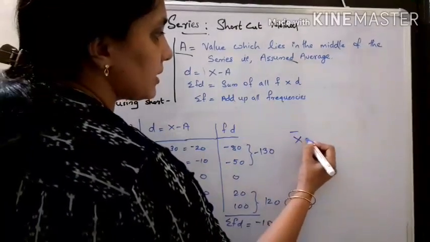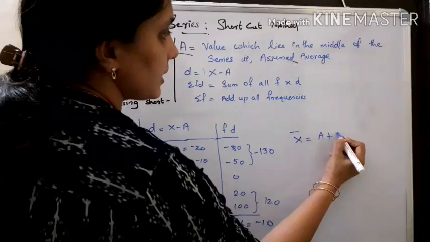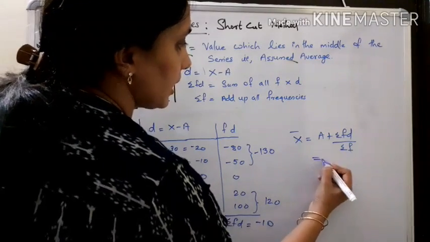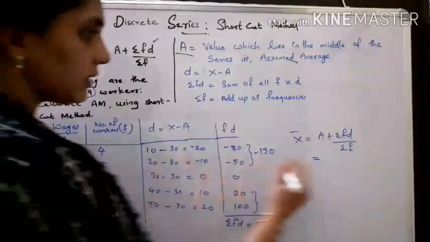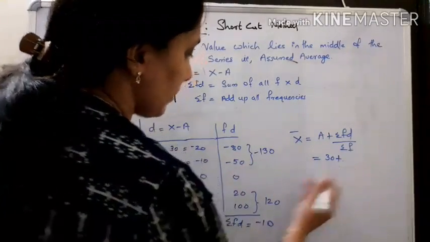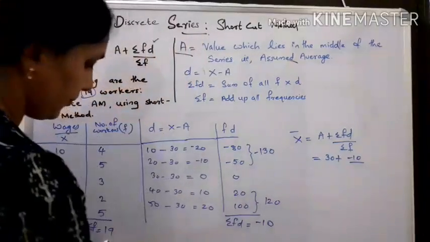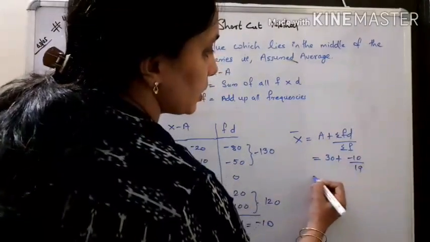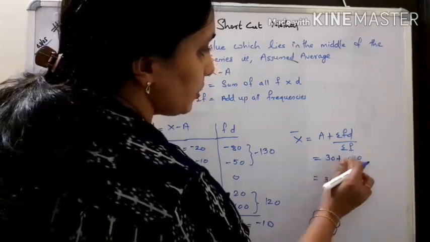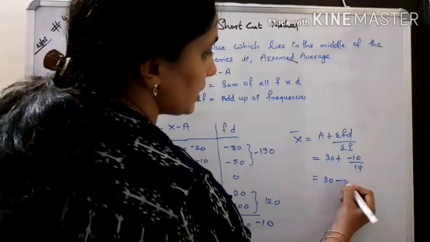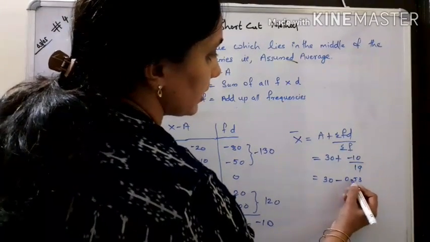X bar is equal to a plus sigma fd divided by sigma f, is equal to the assumed mean 30 plus sigma fd total minus 10 divided by sigma f total 19. So 30 plus minus 10 divided by 19 means 0.53.